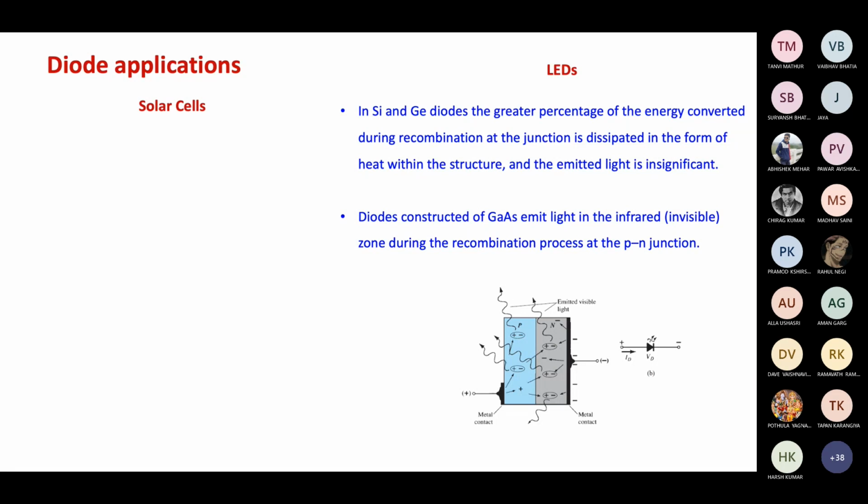It's also energy saving compared to the previous thermal bulbs. So LED lighting and LED display has been an extremely important invention that came out of the diodes, basically the PN junction.